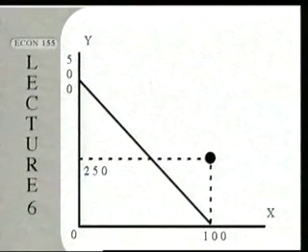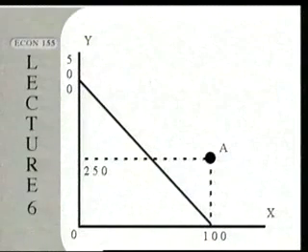The United States is consuming at a point like this point A that I drew out here a while ago. With specialization and trade, the United States is able to consume 100 units of X and 250 units of Y, and that is a point like A that lies outside the production possibilities frontier.